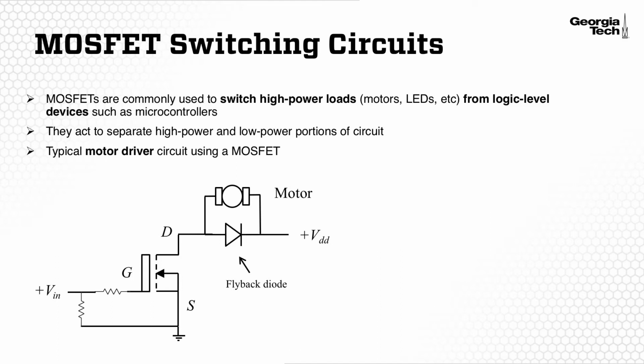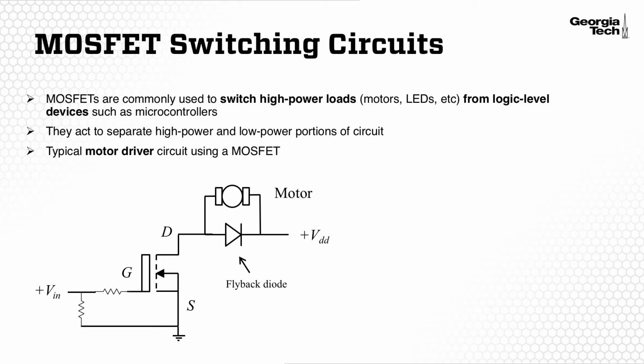Now we can see the MOSFET with the drain, the gate, and the source labeled. The drain is connected to a motor and a flyback diode, and we've already talked about the purpose of this flyback diode. Past the flyback diode, the motor is connected to a high voltage source that will allow the motor to operate once the MOSFET is in the on state.